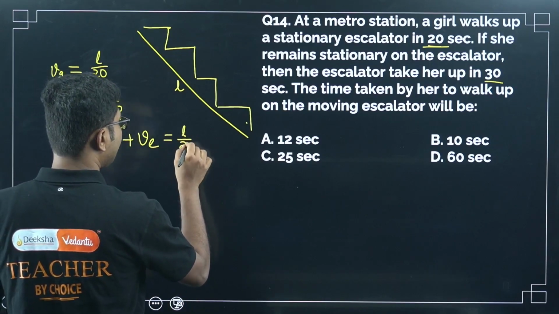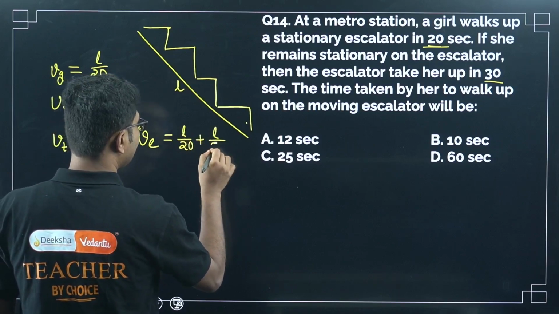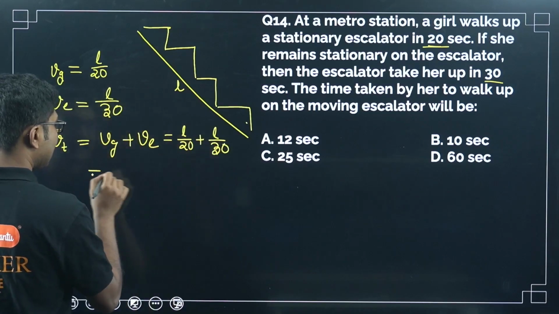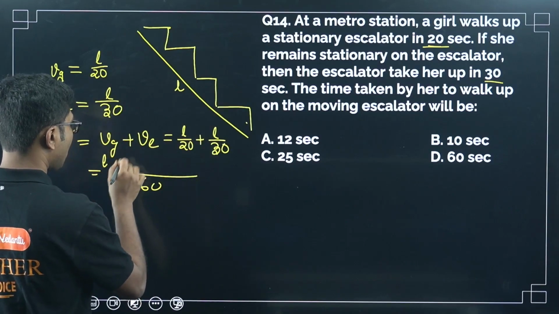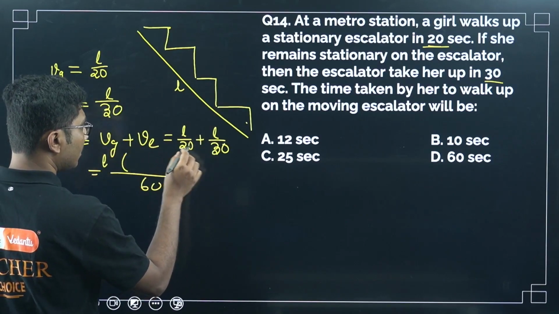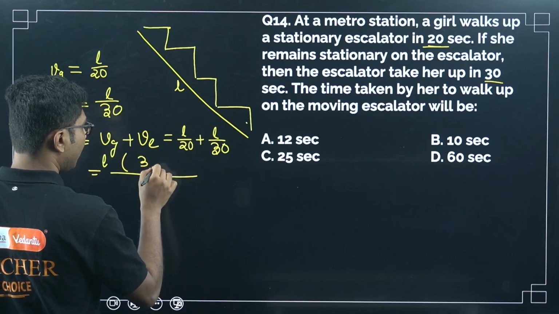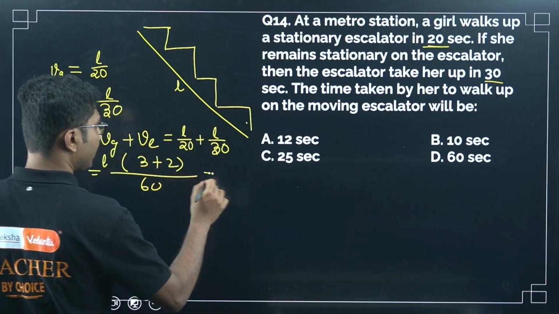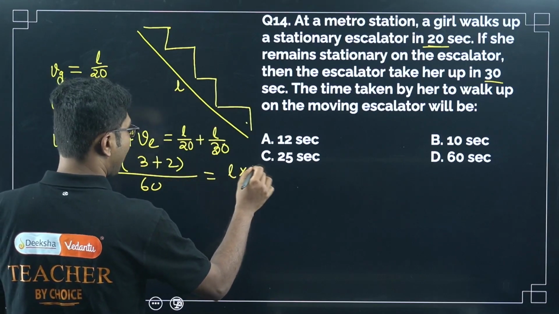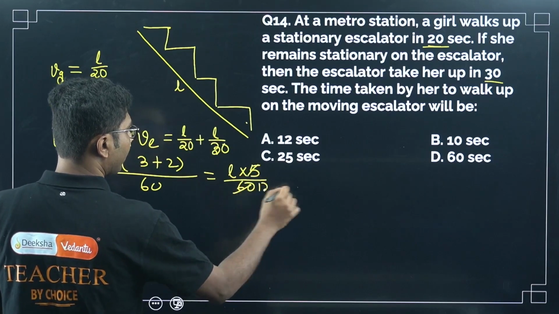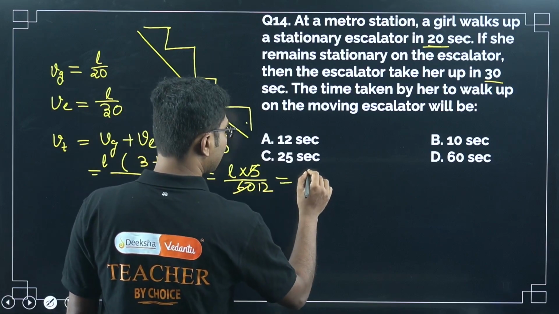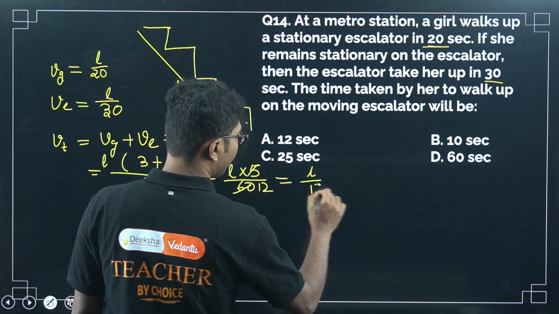L by 20 plus L by 30, LCM is 60, L is common. 3 plus 2, so it will be L into 5 by 60 or 12. So the total velocity will be L by 12.